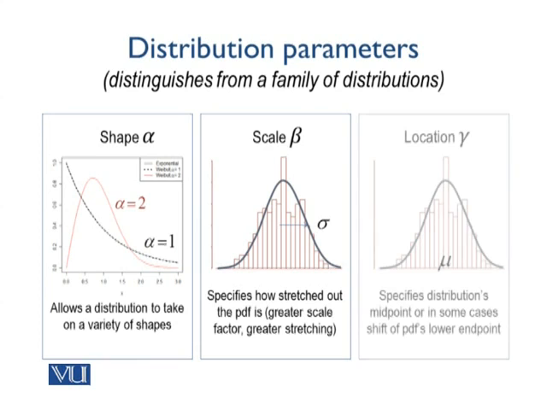In other distributions, you have another parameter known as the location parameter. Usually this is a shift parameter that tells us where this distribution is either centered or where its lower bound is. In the case of a normal distribution, the mean is the location parameter.